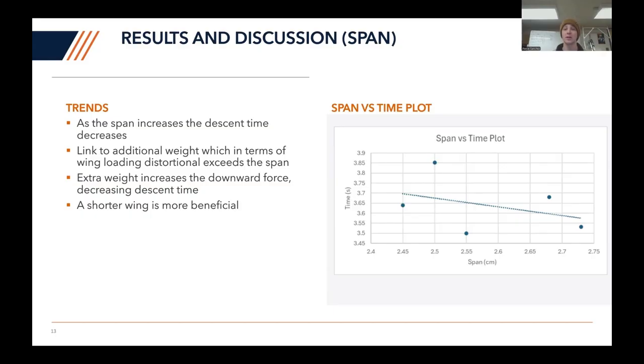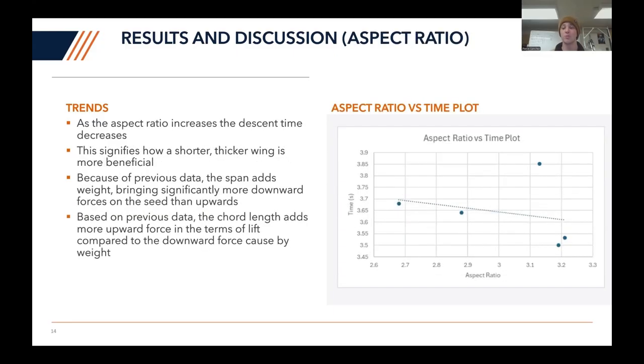Because this weight generates more downward force than lift, it counteracts the lift being produced by a longer span and pulls the seed down faster, decreasing the descent time. Moving on to aspect ratio, we see as the aspect ratio increases, the time of descent decreases.